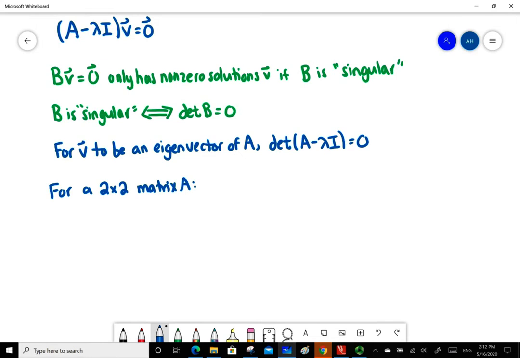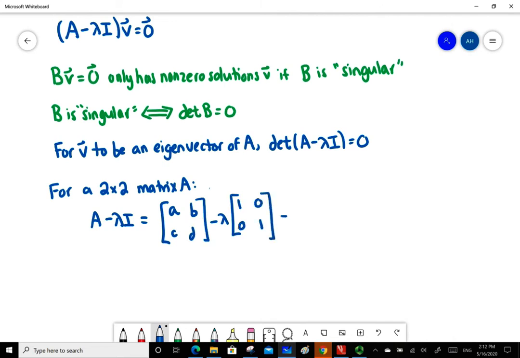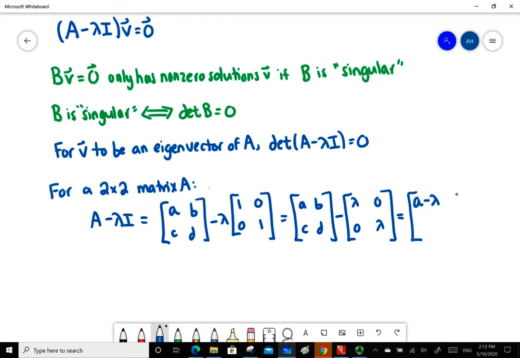For a 2 by 2 matrix, A minus lambda I is equal to the matrix A, which we can write as [A, B; C, D], minus lambda times the 2 by 2 identity matrix [1, 0; 0, 1], which can be rewritten as [A, B; C, D] minus [lambda, 0; 0, lambda] by scalar multiplication, which can then be rewritten again as [A minus lambda, B minus 0; C minus 0, D minus lambda].